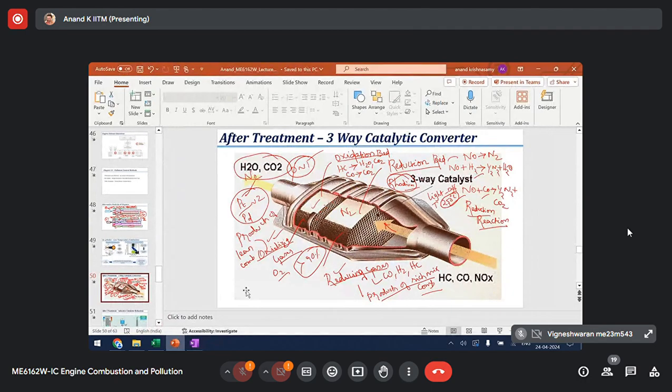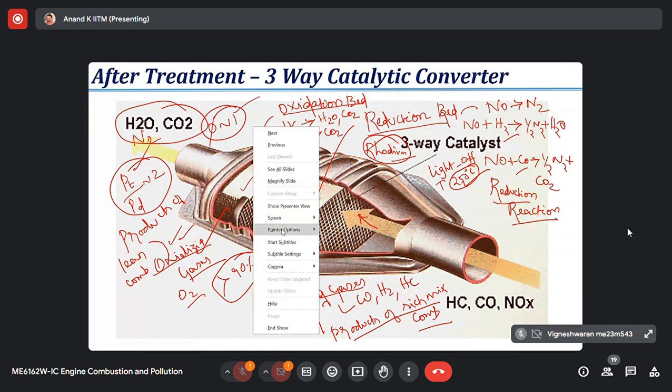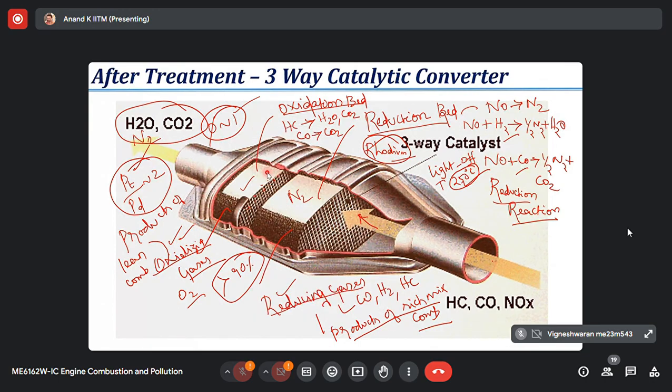The construction of DOC is similar to what we are seeing here for the three-way catalytic converter in this oxidation bed. So what you need here in the DOC is not the reduction bed, only the oxidation bed. So the construction is exactly similar, but there are some small differences I will highlight.